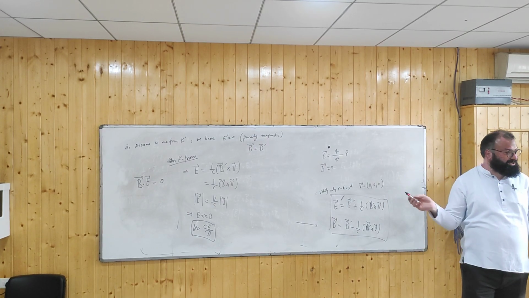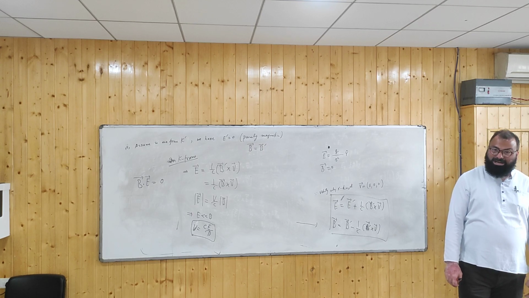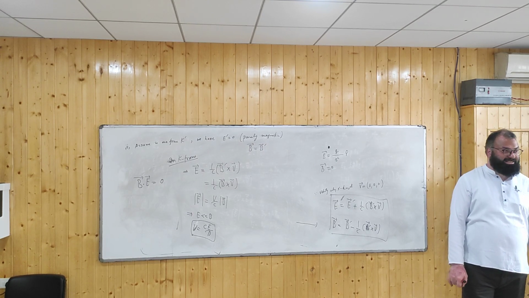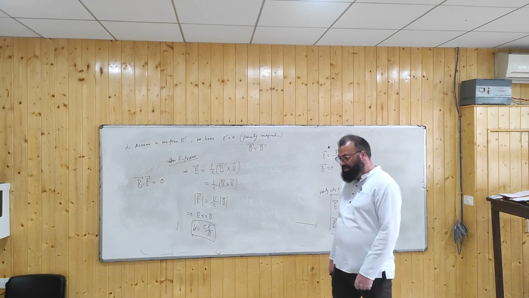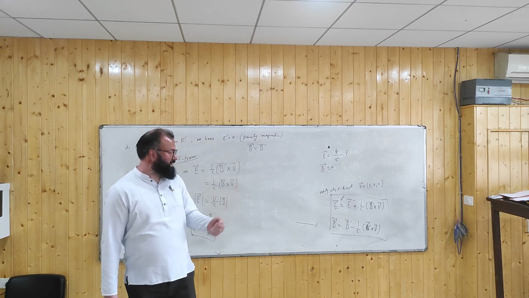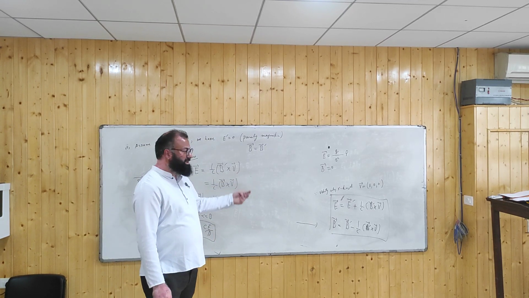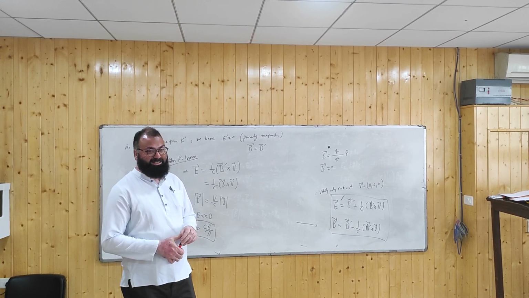Now when you move to the moving frame, you need to calculate these components. So try to do this, it's a very nice exercise. Figure out what the electric field is due to a moving charge. Let's say you have a charge Q moving with a certain velocity. Calculate the electric field. Clear? So try to do it in this fashion.